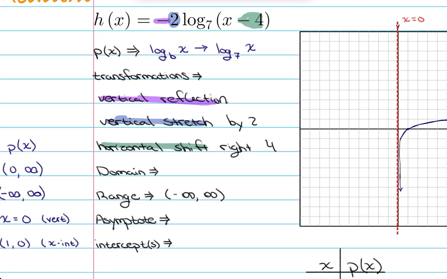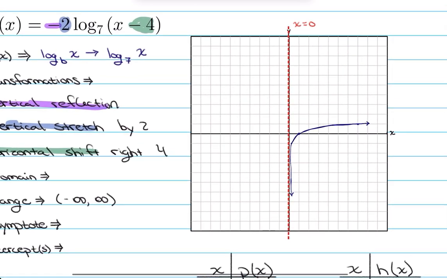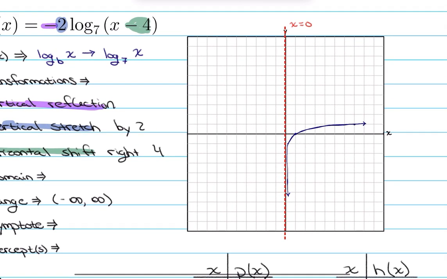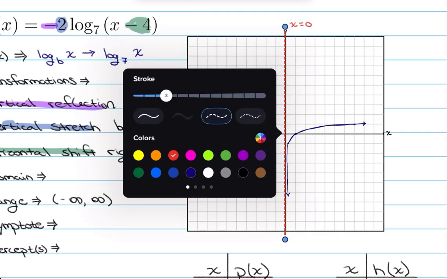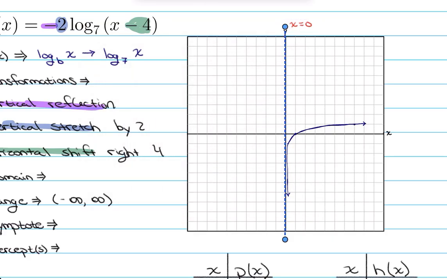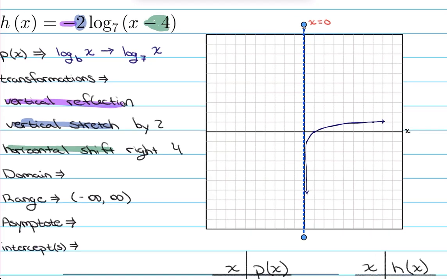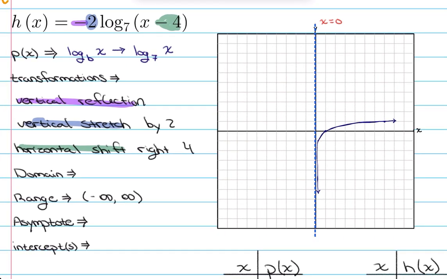Our domain did change because, again, I'm going to do the same thing I did on the last one. If you take the asymptote of the original function at x equals 0, we shifted everything to the right 4 units.